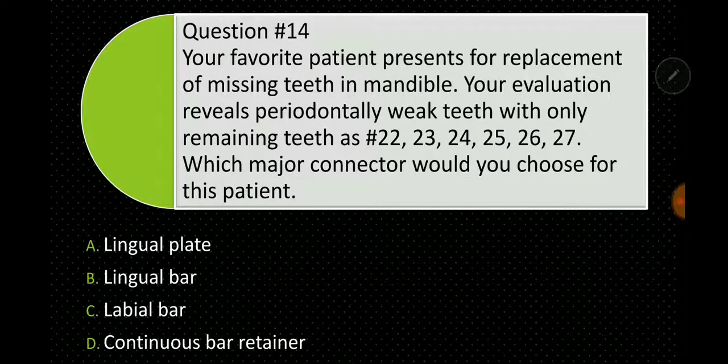All right. Question number 14. Your favorite patient presents for replacement of missing teeth in the mandible. Your evaluation reveals the patient has periodontally weak teeth with only remaining teeth number 22, 23, 24, 25, 26, 27. So he has the mandibular teeth from canine to canine. What Kennedy classification is this patient?